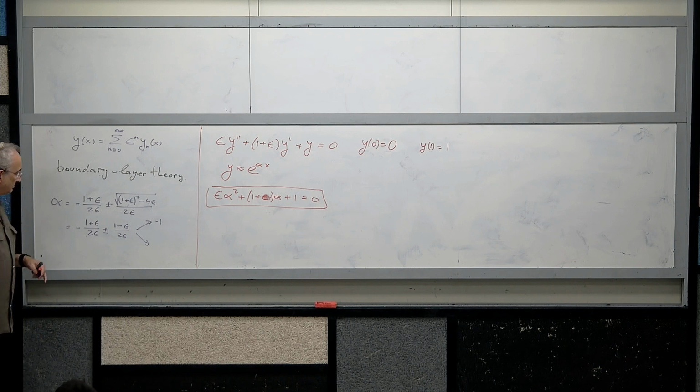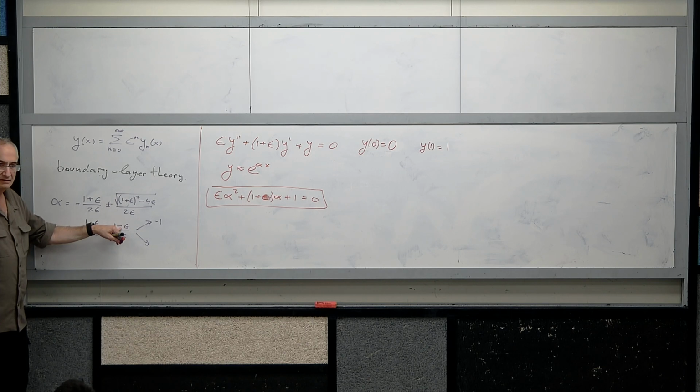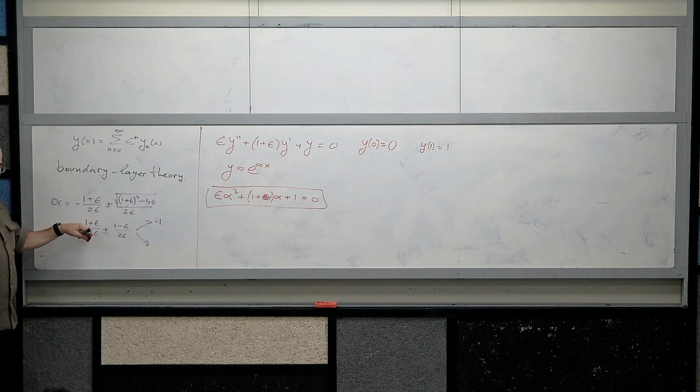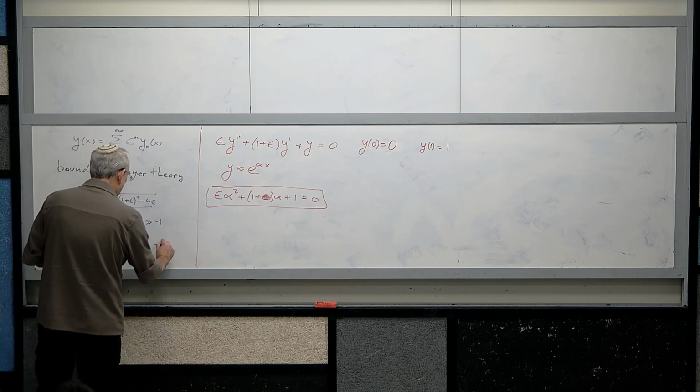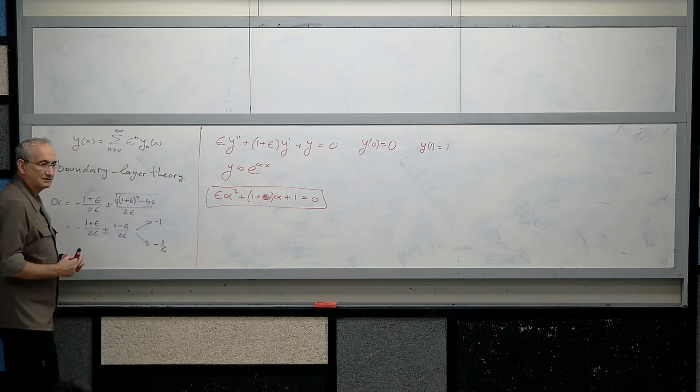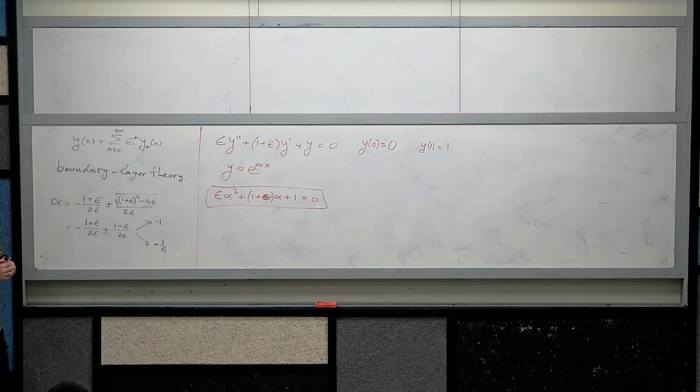What is the other root? I have minus 1 minus epsilon minus 1 plus epsilon. Epsilon cancels out, and I have minus 2, divided by 2 epsilon, so I have minus 1 over epsilon. These are the two roots of this equation.